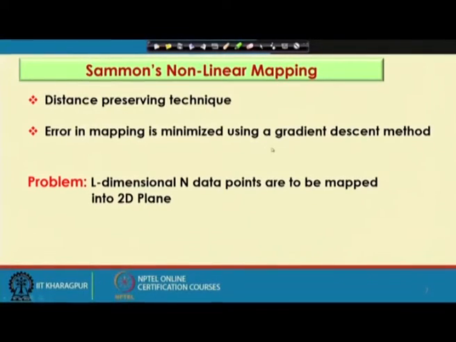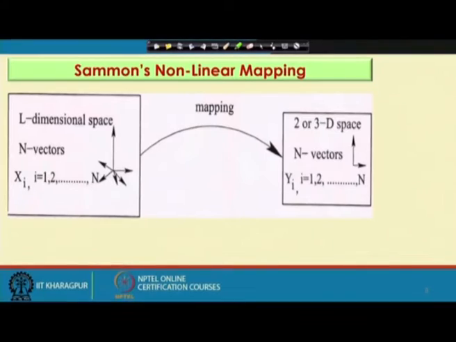Now, supposing that I have got a problem involving capital N number of data points, and each data point has capital L dimensions. These data points are to be mapped to the 2D plane. This shows the schematic view of the problem which we are going to tackle.